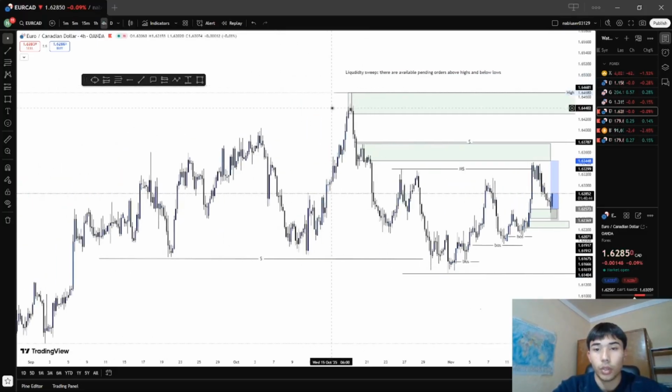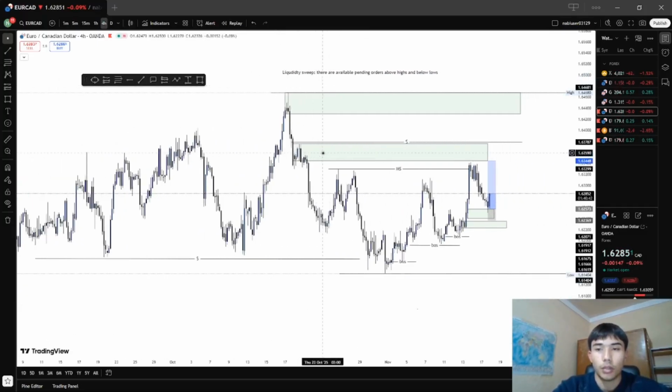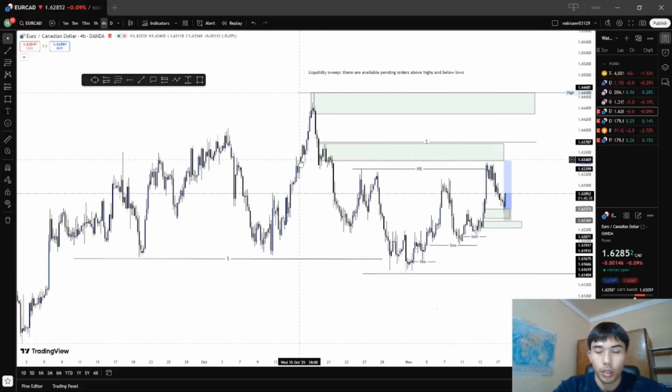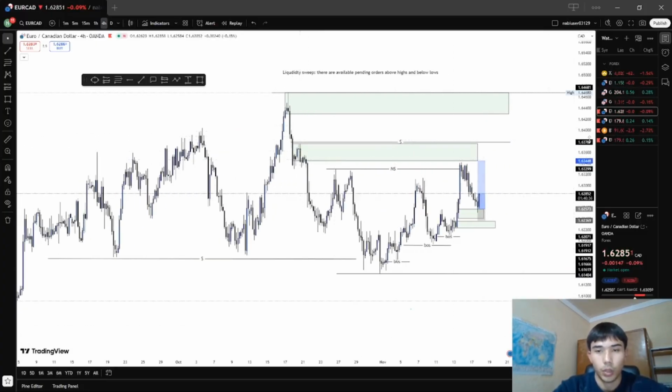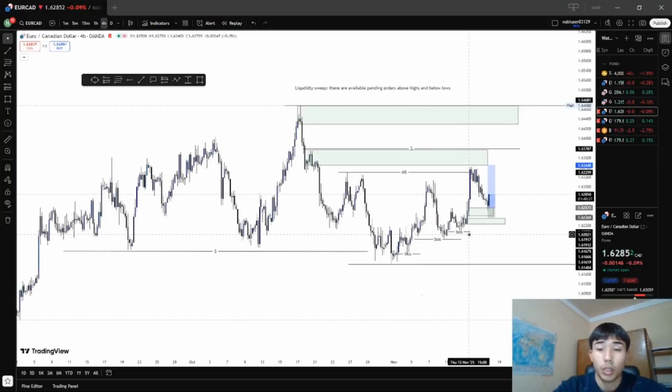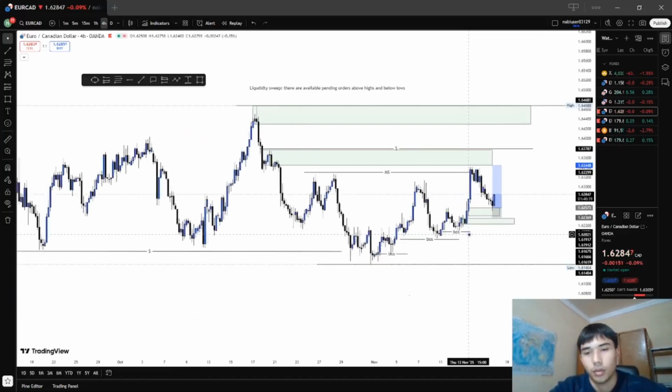So what you look for is that above every high there is liquidity, below every low there is liquidity. You can notice, and what price does is sweep the available liquidity to get the momentum to go either way, up or down. All right, you get it.